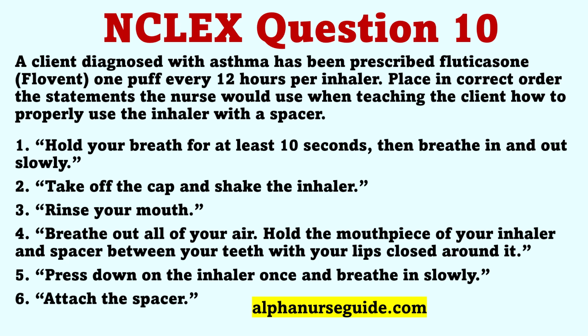Breathe out all of your air. Hold the mouthpiece of your inhaler and spacer between your teeth with your lips closed around it. 5. Press down on the inhaler once and breathe in slowly. 6. Attach the spacer. The correct order is 2, 6, 4, 5, 1, and 3.